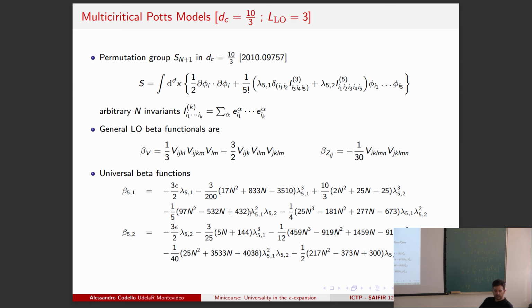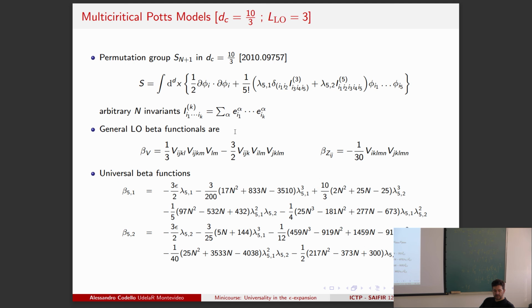The new theory that we studied in this paper was the theory with SN symmetry, but in 10/3, because SN symmetry apart from n equal 4 can be realized only in odd dimension, okay? And the invariants are constructed with the same logic. And now we have to use this new beta functional that was not known before, because it is the generalization of this one in 10/3.